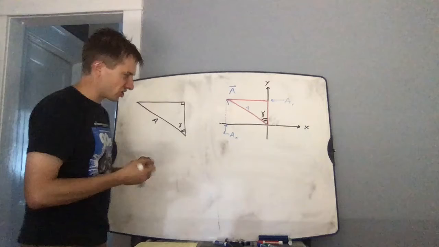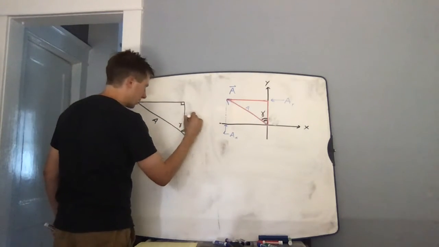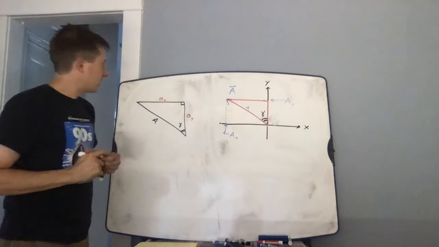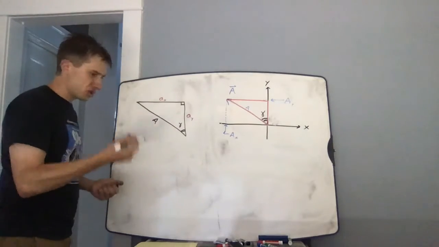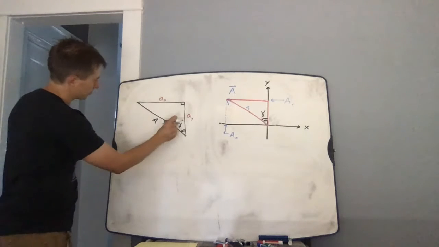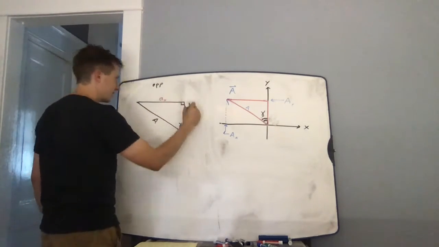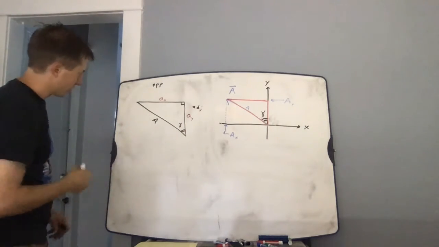So I'll just call it lowercase ay, lowercase ax. Okay, now I could use what I know about trigonometry, and I could say, okay, well, here's gamma. This is the opposite side. This is the adjacent side. So let's use our trigonometry.